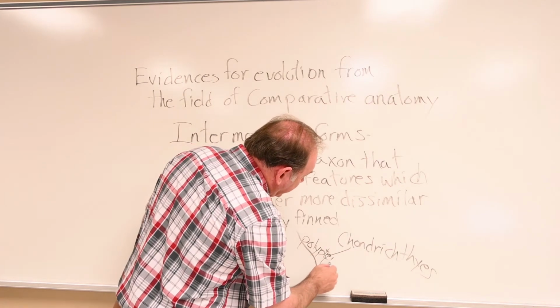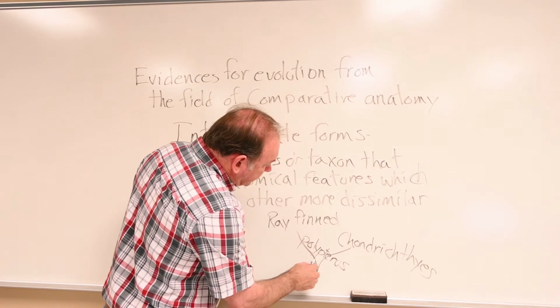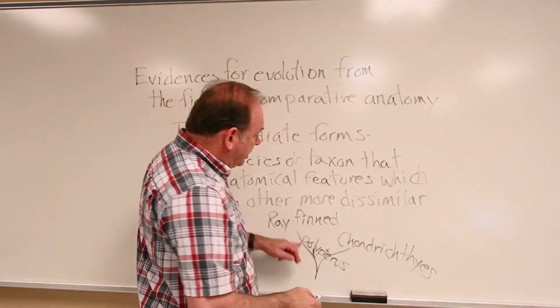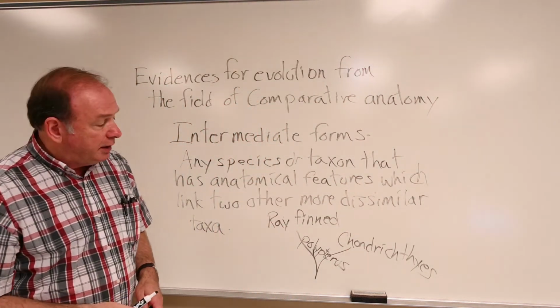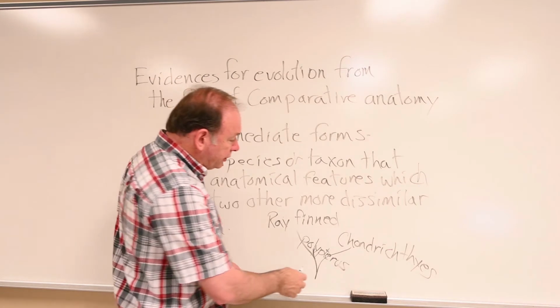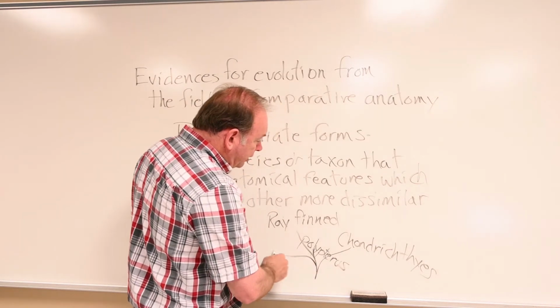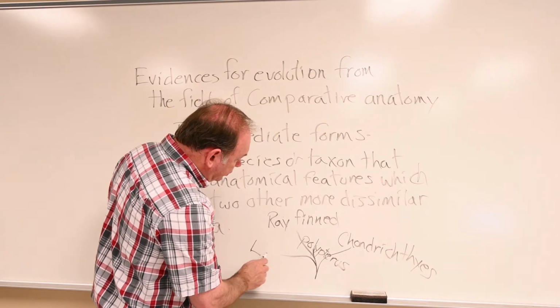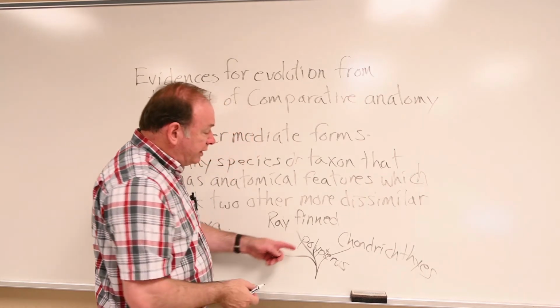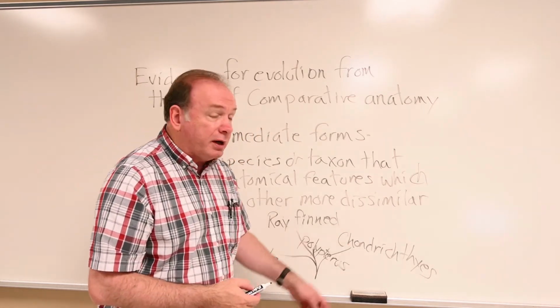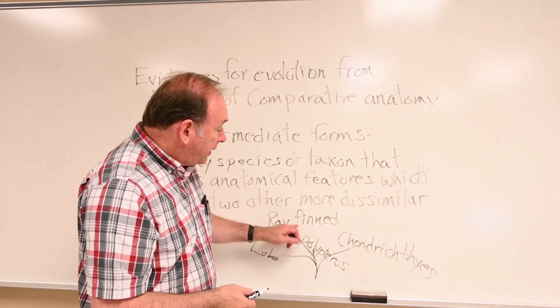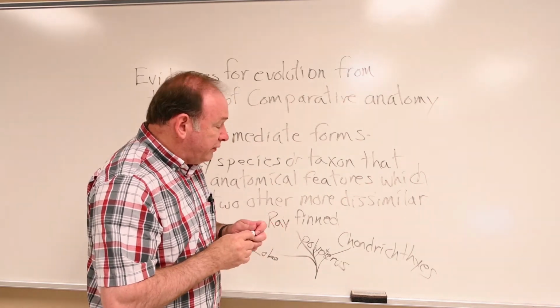It's down here near this point of separation, but it's a separate branch coming up along the ray-finned fish lineage, also close to where the sarcopterygians, the lobe-finned fishes, would be. So it has features that are common to lobe-finned fishes, features that are common to chondrichthyes, and some features that are common to the ray-finned fishes.